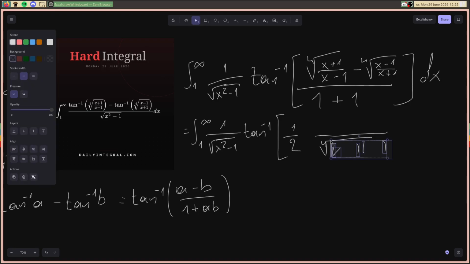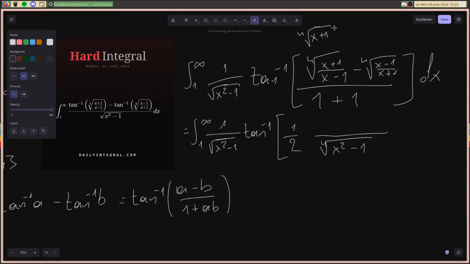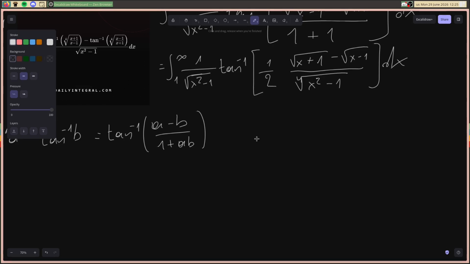So we can write that as x squared minus 1. And then the numerator: this is going to be the fourth root of x plus 1, and we have to multiply with the fourth root of x plus 1. So this is squared, which is just the square root of x plus 1. So we end up with the square root of x plus 1 minus the square root of x minus 1 dx.